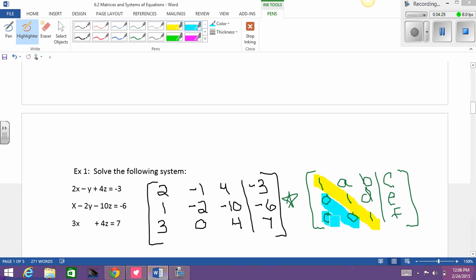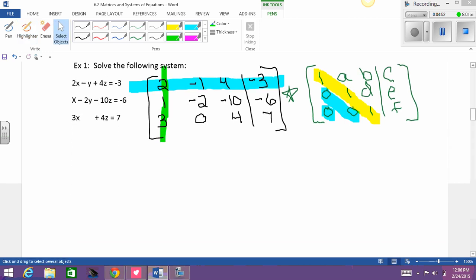That's the goal. That's what we're looking to do. So we're going to have to use operations on our rows and columns. And again, just so we're clear, this is a row, this is a column. We're going to use operations in rows and columns to adjust and manipulate this so that we can fix that up and do that.